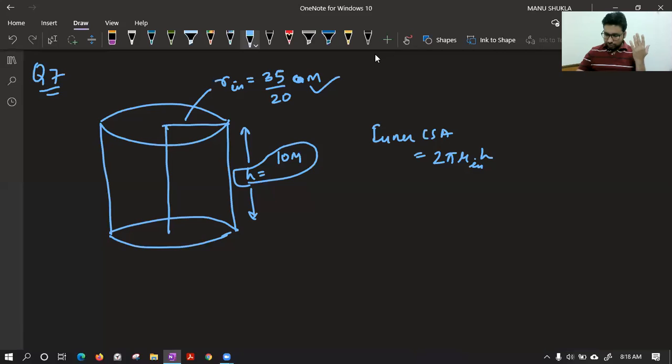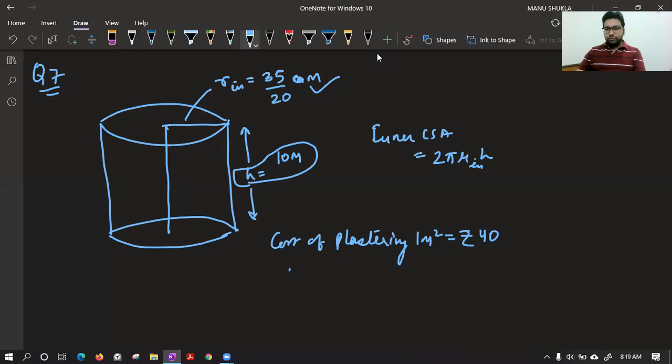Okay, so they are asking the cost of plastering per 1 meter square. So you can say cost of plastering. Language is very important. If you're just writing the numbers, that is wrong, because in mathematics also you need to understand by which step you are getting into that. So the cost of plastering 1 meter square is given to you as rupees 40.